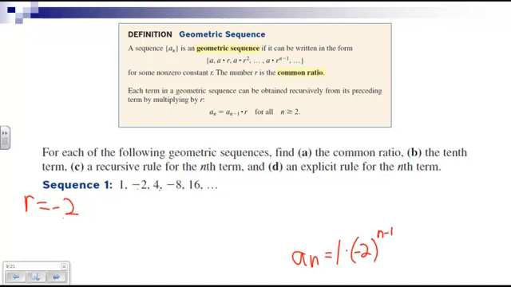So if I want to find the 10th term in this sequence, I'm going to go ahead and say 1 times -2 to the 10 minus 1 power. And of course everyone knows that that's -512. Actually, I never memorized that. What I memorized is 2 to the 10th. It's 1024. So it must be half of it.